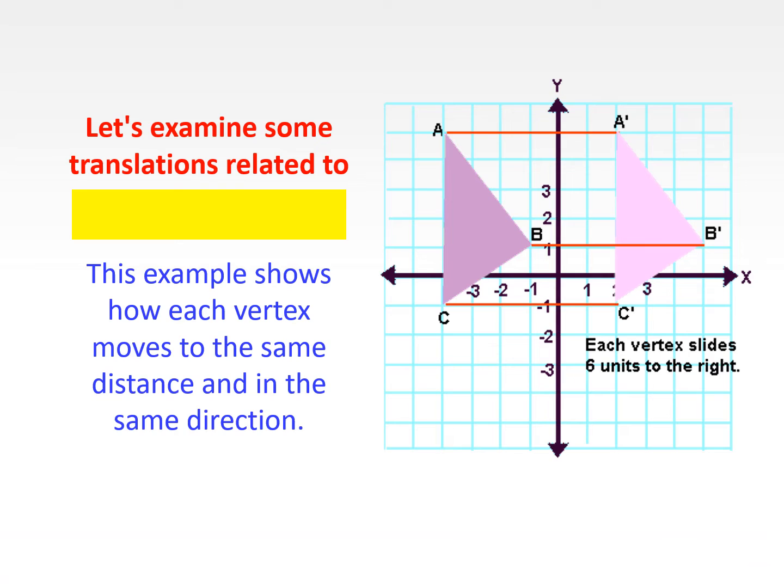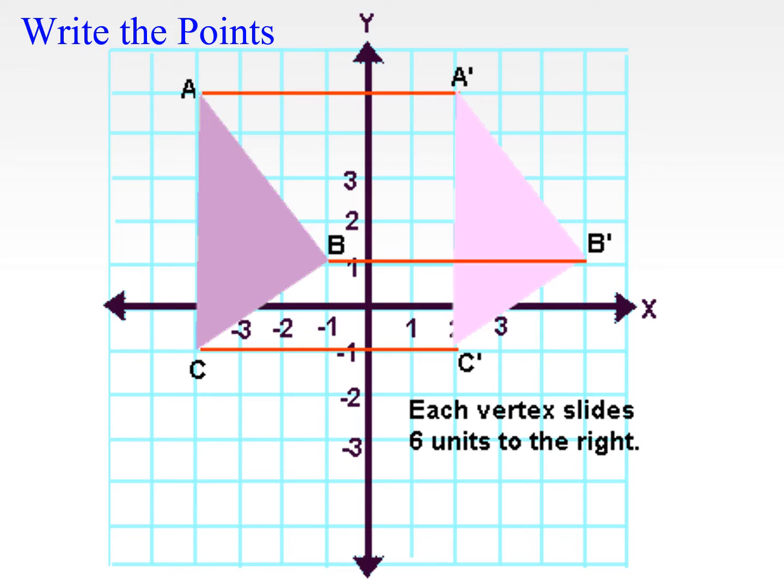Okay? Let's examine some translations related to the coordinate plane. This example shows how each vertex or point moves the same distance and in the same direction. So each vertex or point slides 6 units to the right. So let us write the points.